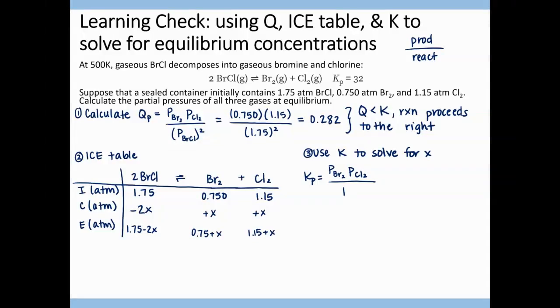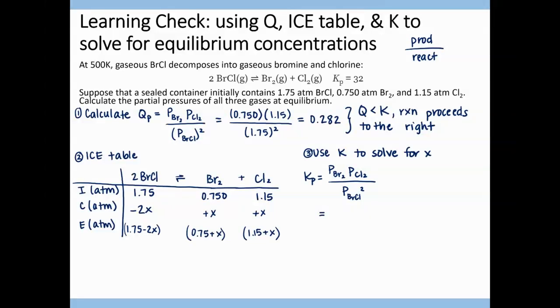So Kp is the pressure of products over pressure of reactant squared. And now we're putting in this entire factor for the partial pressure of Br2, which is 0.75 plus x. Partial pressure of Cl2, 1.15 plus x, and then that expression over there for BrCl.